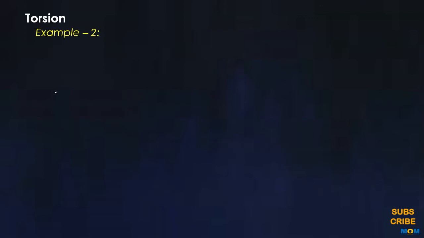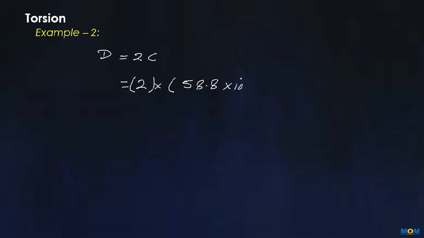Now as we know that diameter is equal to 2 times the radius, so 2 into the cube root of 58.8 into 10 raised power minus 6 meter cube.